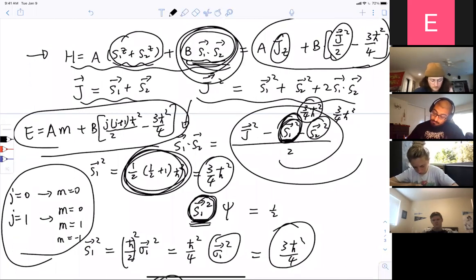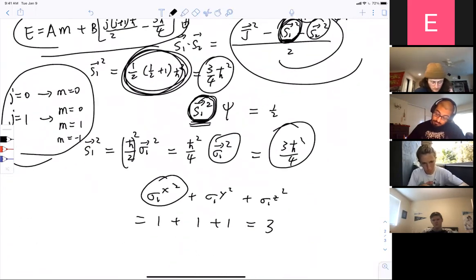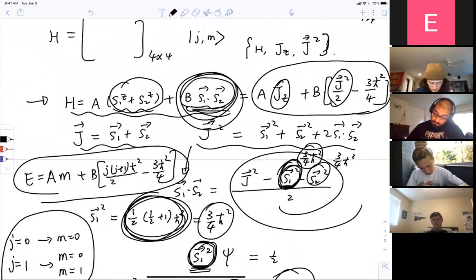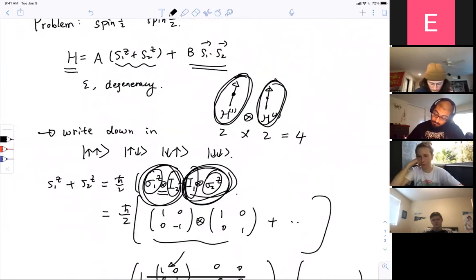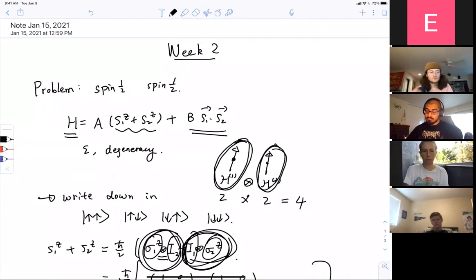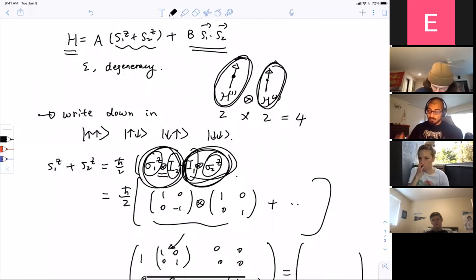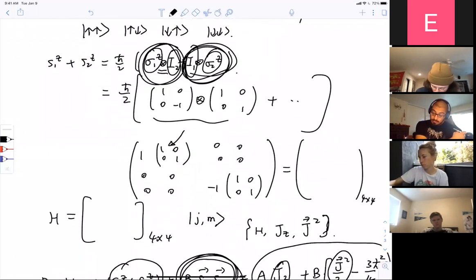So this is how we solve this kind of problem. The message I want to convey here is that when the Hilbert space is small, typically 4-dimensional corresponding to 2 spins, we can write down the Hamiltonian explicitly in some basis and then just diagonalize this matrix, right?